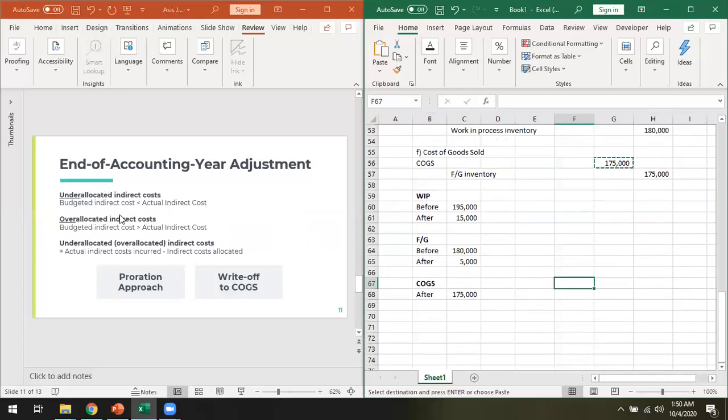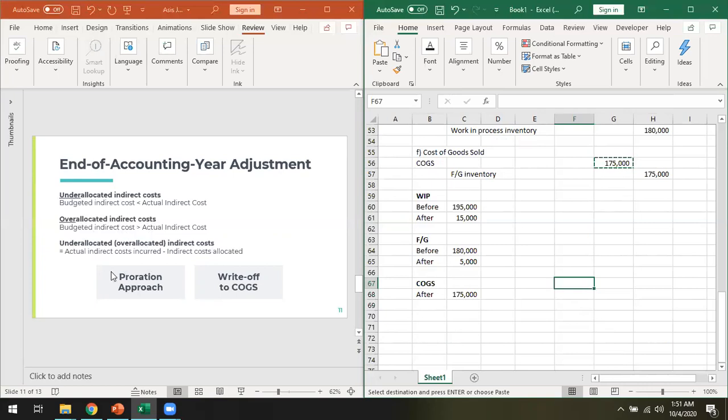If the budgeted indirect cost or the manufacturing overhead allocated is lower than the actual indirect cost or the manufacturing overhead control, then it means that we under allocate the indirect cost. It means that our prediction is lower than what it really incurred. If the budgeted indirect cost is higher than the actual indirect cost, it means that we over allocate the indirect cost.